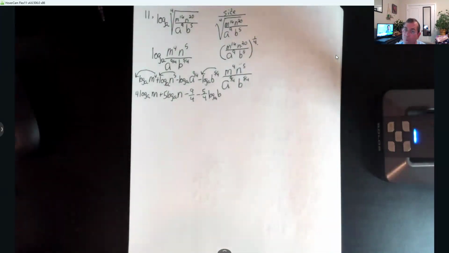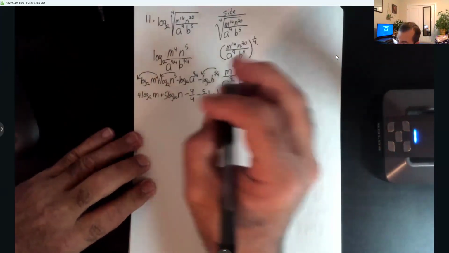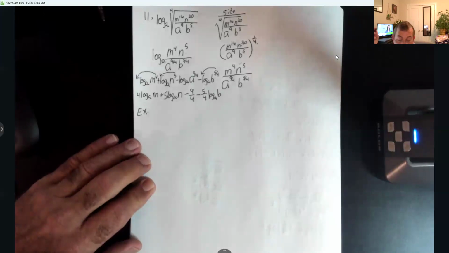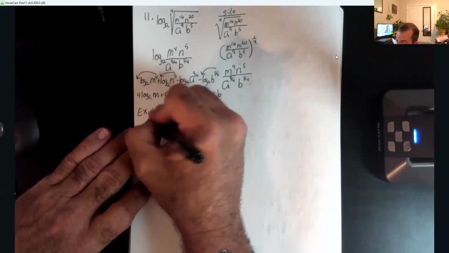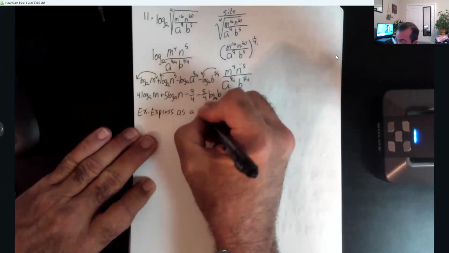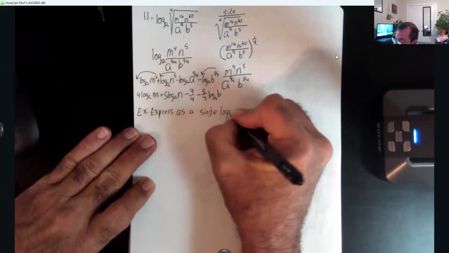So we're going the other way. We're going to start with this stuff and end up with that kind of stuff, okay? So these examples will say express as a single logarithm.